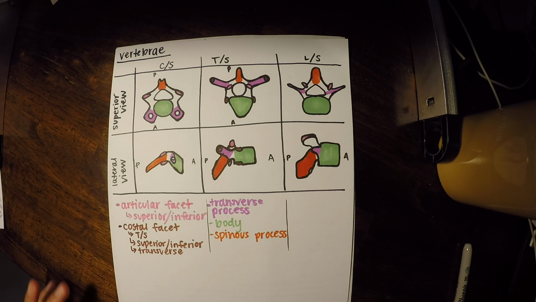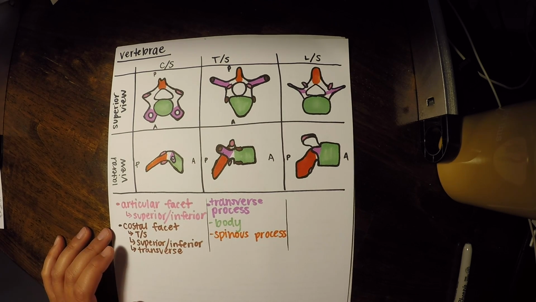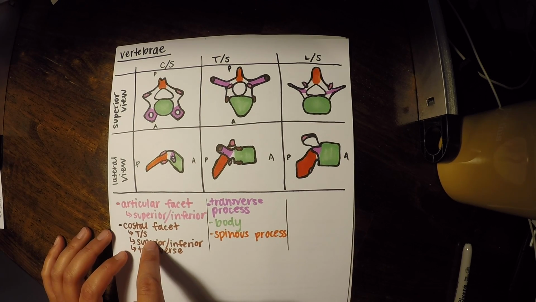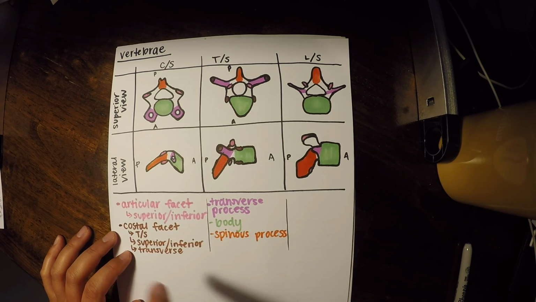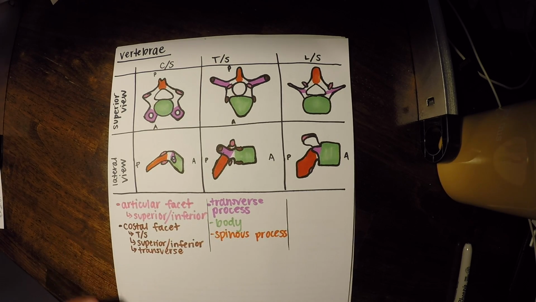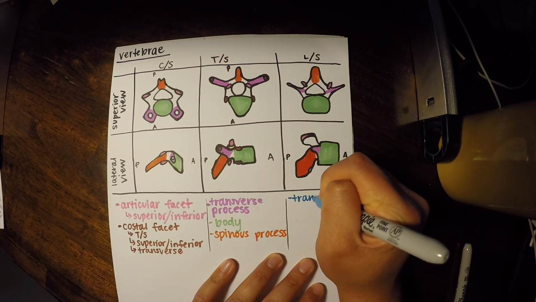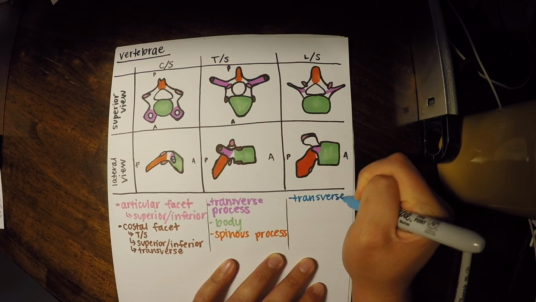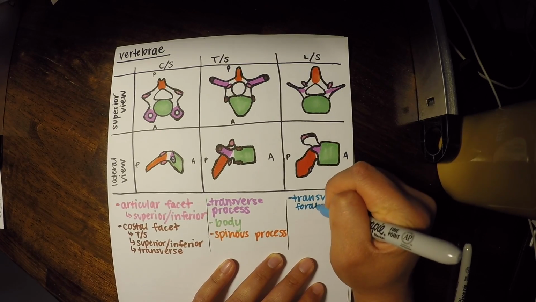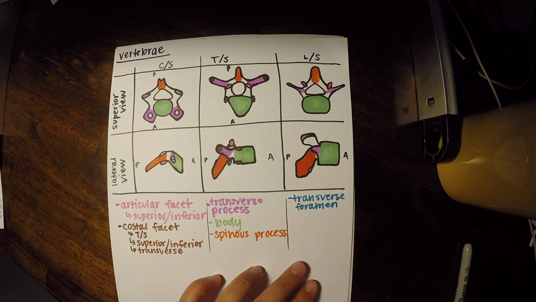Alrighty, now you know how we talked about the costal facets that are only in the thoracic spine? Let's talk about something that's only in the cervical spine now. The name of it is the transverse foramen. Now remember, we talked about foramen with the skull.